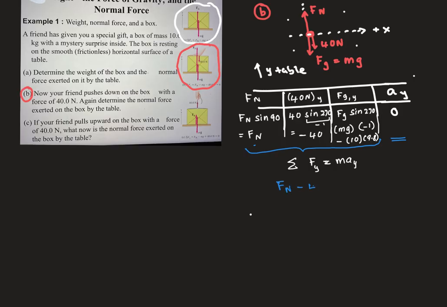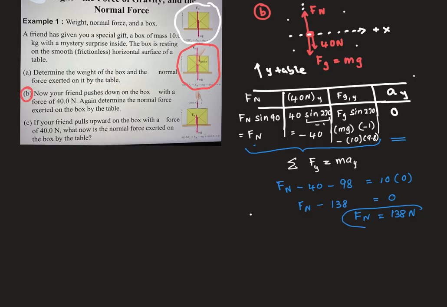Second force, -40, and the third force, -10 times 9.8, is -98. And then on this side mass is 10 and the acceleration is 0, so this side is 0. So you have Fn minus 138. There you have Fn equals 138 newtons.